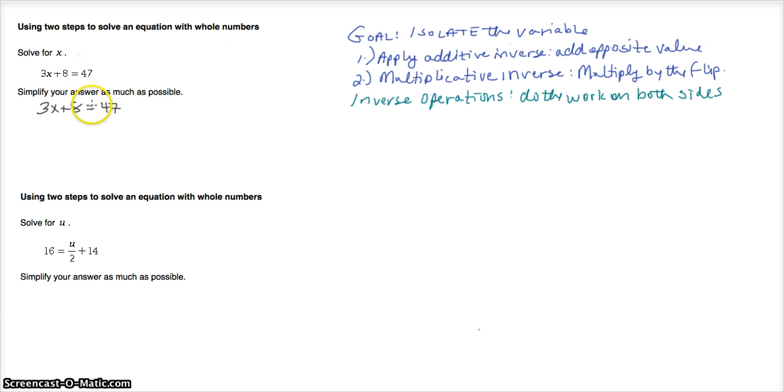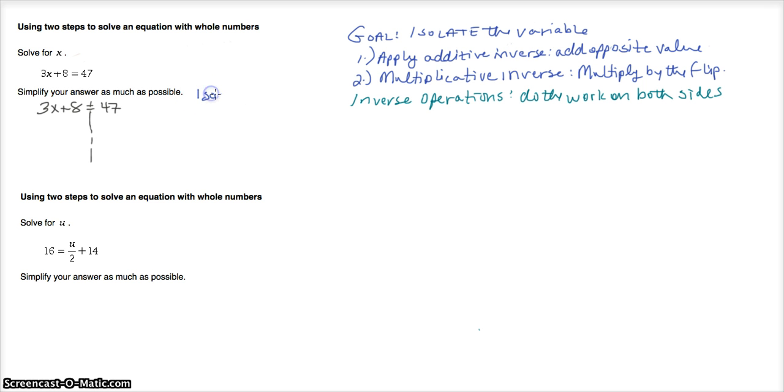And the first thing we want to do is break our equation in half. So let's split it up by the equal sign here. So now we have it broken into two sides, and that's important because we discussed having work on both sides. Our goal is to isolate x.